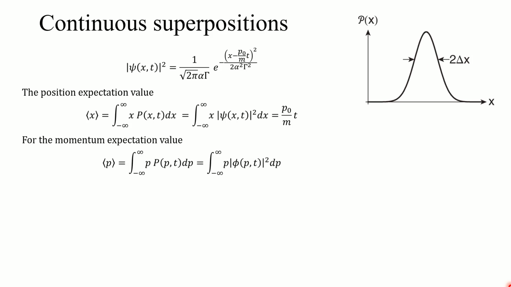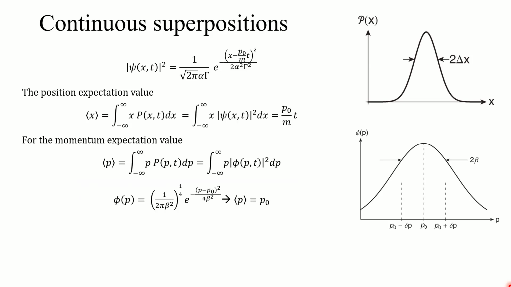Likewise, if we want to know the momentum expectation value, we can do that in momentum space, and we get the momentum operator times that probability distribution in momentum space. We can go through all that math, or we can be clever about it with inspection.